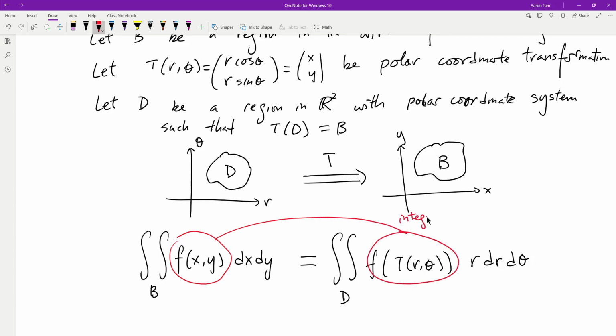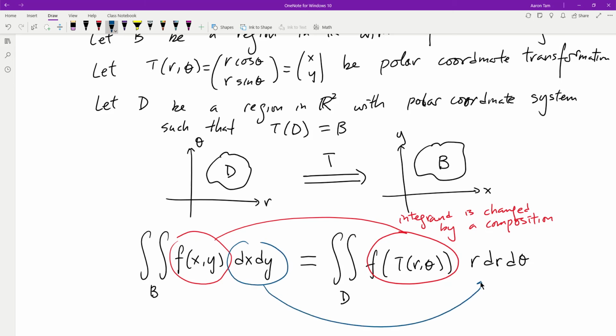The integrand is changed by a composition, which allows us to change the coordinates x and y into r and theta. Two, we change the differential. Now, here is probably the most important part.